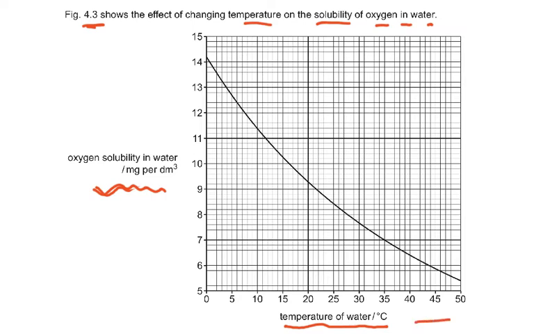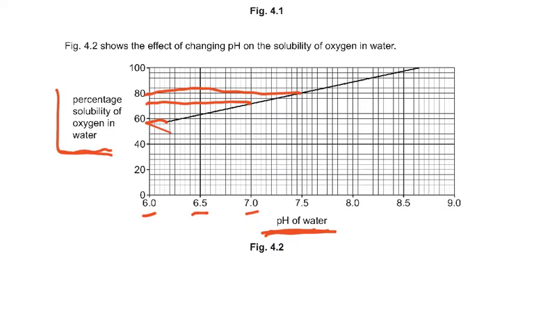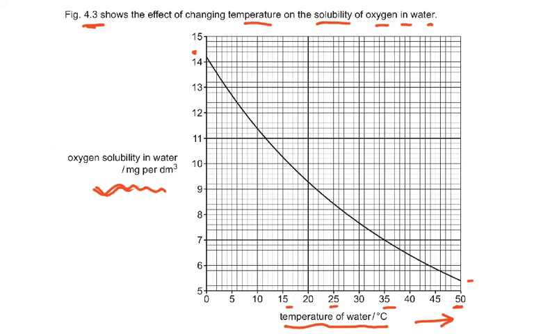As the temperature of water increases from 0 to 5, 10, 15, 25, 35 and 50, the oxygen solubility goes down from 14 to nearly 5.4. So as the temperature increases, the oxygen solubility in water decreases. Whereas as the pH of water was increasing, the solubility was increasing.